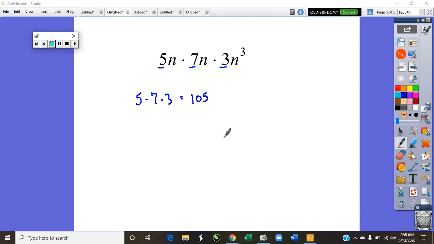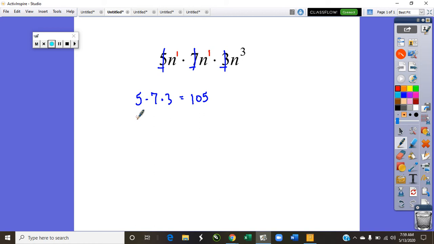Now, I can cross these out because I've dealt with all the coefficients. Now what I have left is variables. If I have an n and I don't see a power, remember what is that power? It's a 1. And then I have another one that's just by itself, that's also a 1.